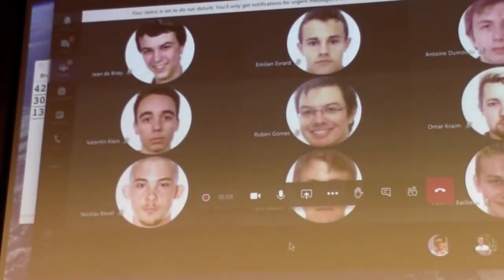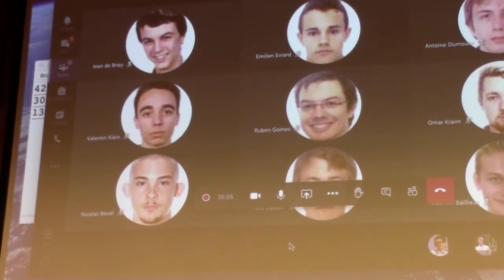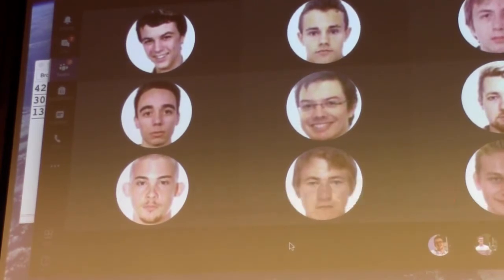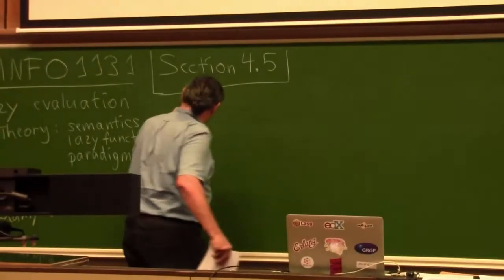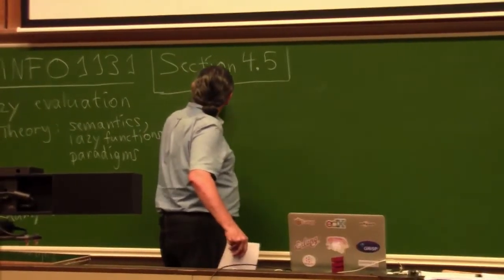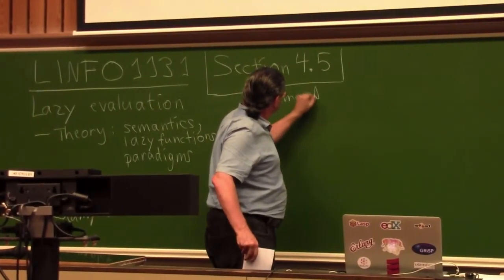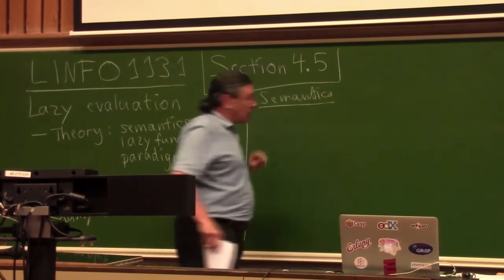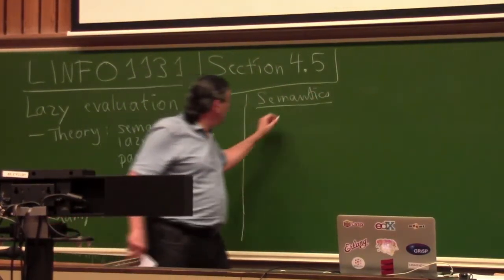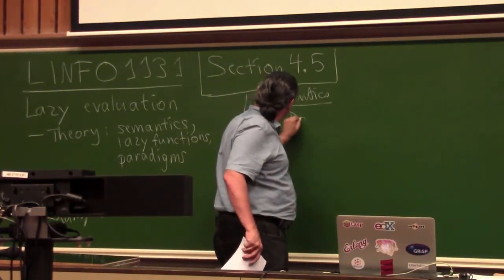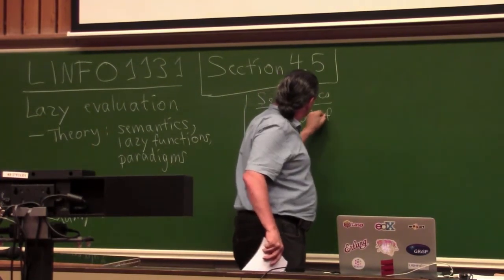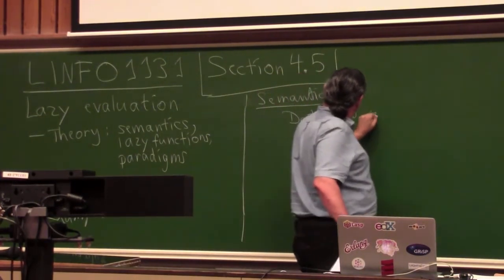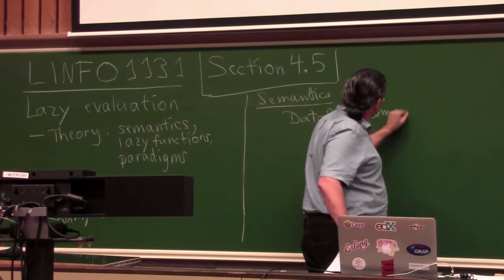Let me go back to this. I'm going to write on the board. So the semantics of lazy evaluation. Let me first refresh your memory on the semantics of the computation of deterministic data flow.